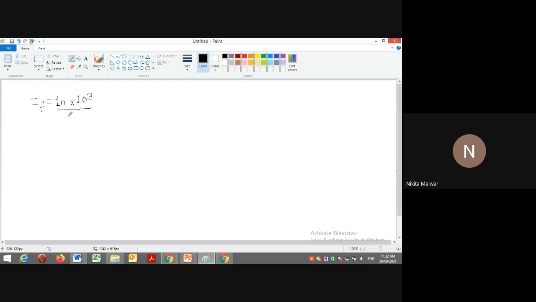400 volt or 200 volt. So you have to consider the V1 value or V2 value. V2 value will be considered here. Why? I am writing here 200 volt.